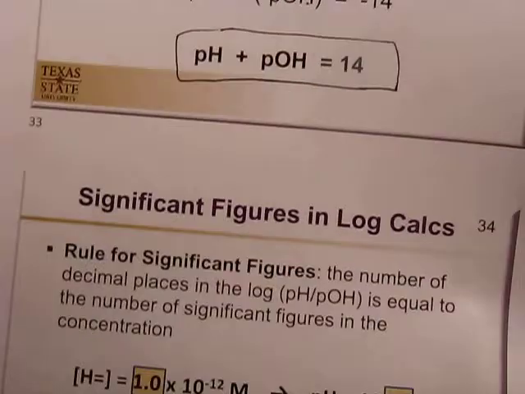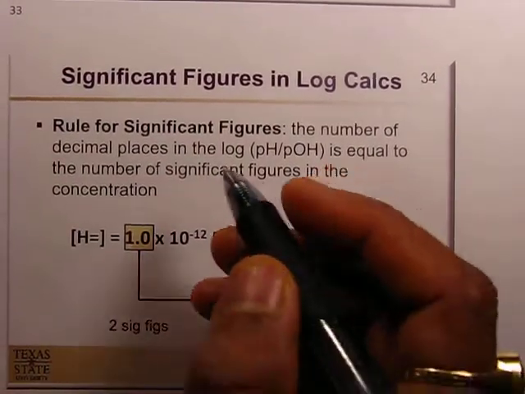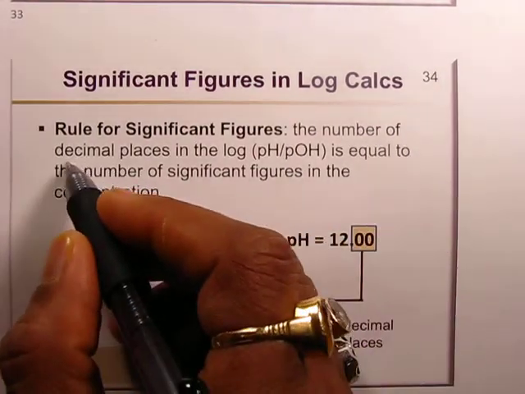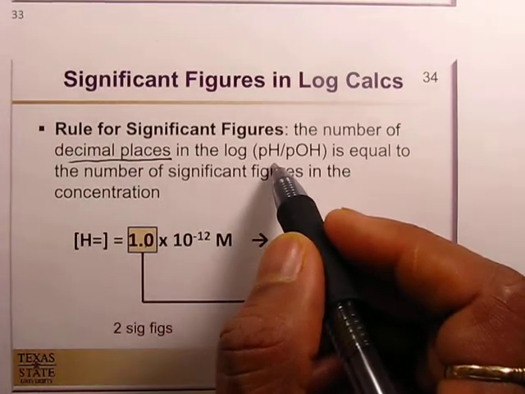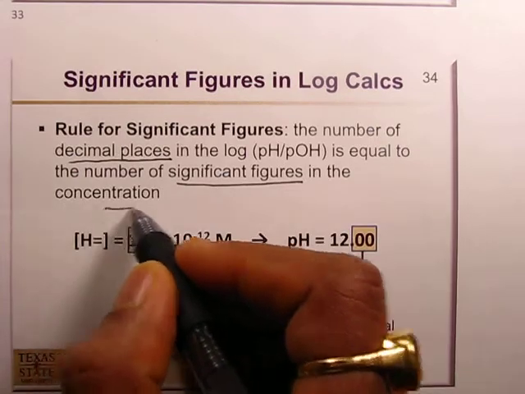So next is significant figures in log calculation. The rule for significant figures: the number of decimal places in the log, the pH, is equal to the number of significant figures in the concentration.